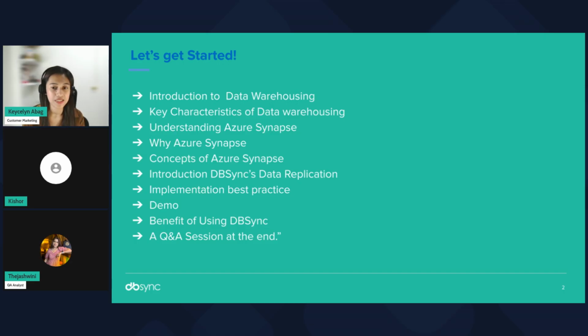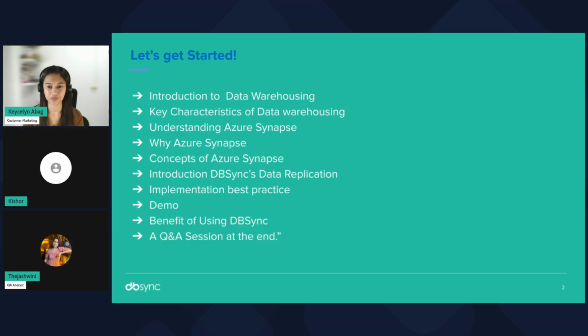We have the implementation, best practices, and of course, you don't want to miss the demo to see how it works. We'll also discuss the benefit of using DBSync and a Q&A session at the end. So during the webinar, you can drop your questions, but we will answer them after the presentations.